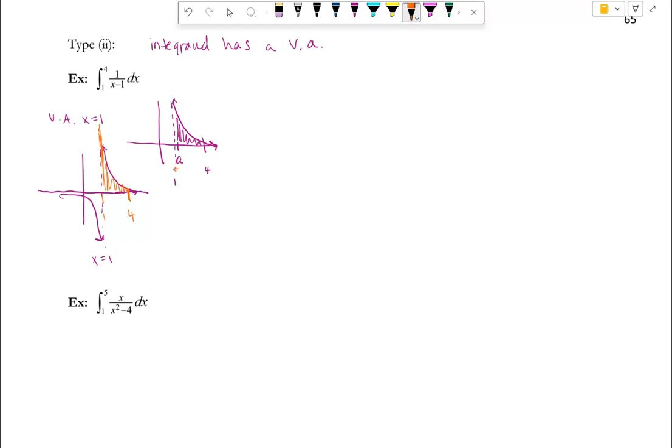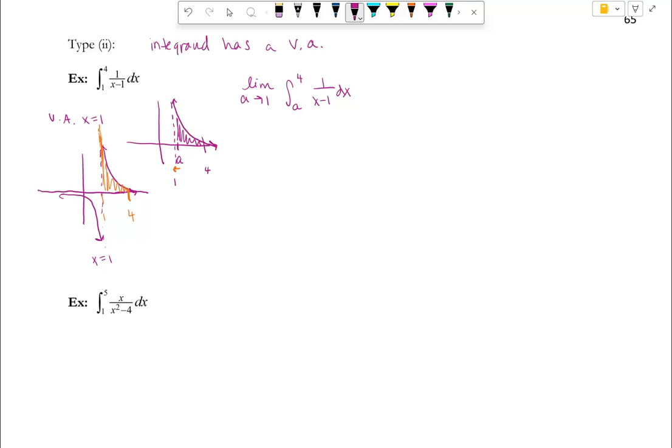So we are going to integrate from A to 4 the function 1 over x minus 1, but we're going to take the limit so that A approaches 1.